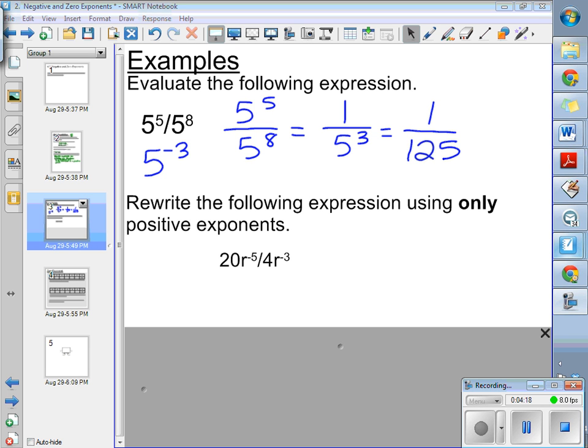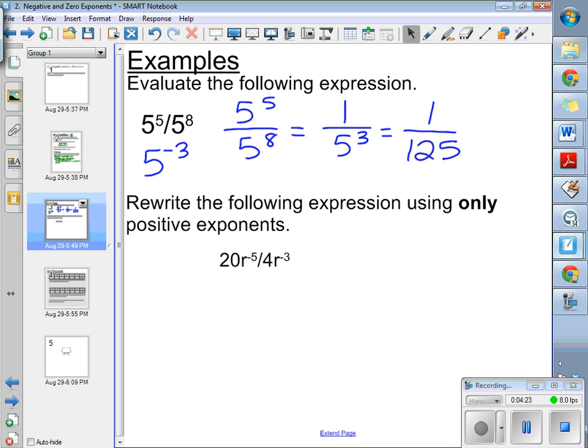Okay, so next, we're going to rewrite these expressions using only positive exponents. So we've got 20 r to the negative 5th over 4 r to the negative 3rd. Now we've got to simplify this. That 20 divided by 4 can happen, and we're going to be left with 5.